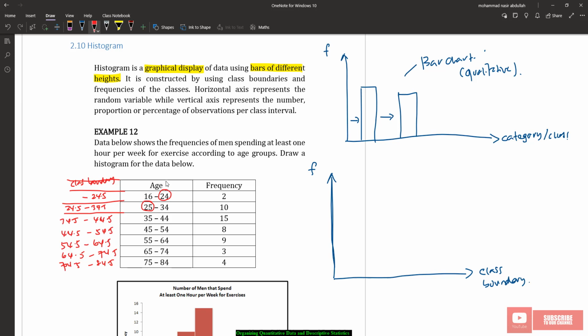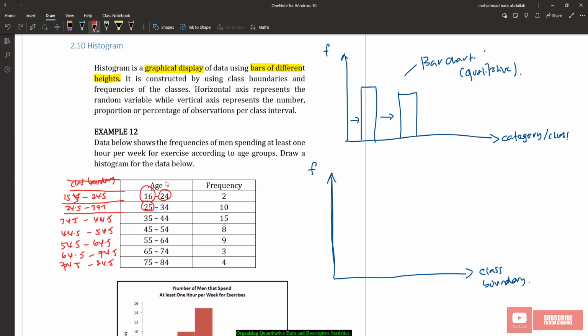It's based on the trend, right? Because we just add 0.5, right? So we need to put 84.5. For the lower class limit of the first class, we look here, 25 becomes 24.5. We minus 0.5, so it becomes 15.5, right?